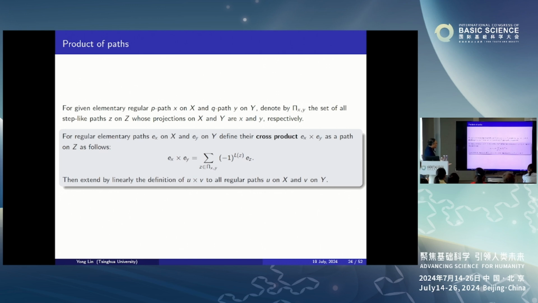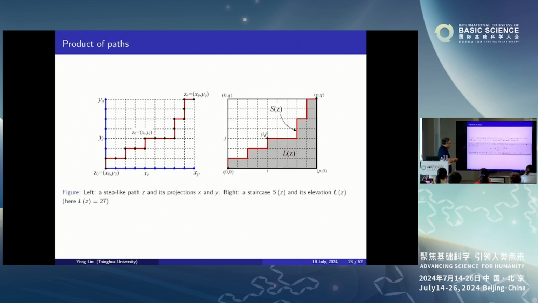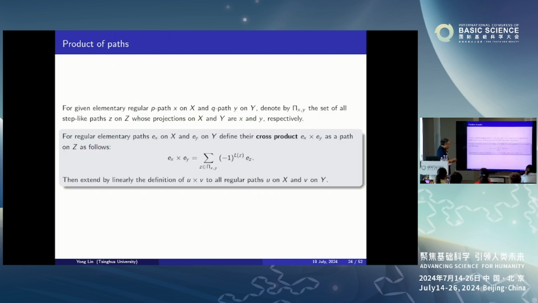Then for given two paths, a path e_S and a path e_Y, what is the cross product of e_S and e_Y? It is equal to the right-hand side. It's not just one path. It is the sum over all such paths z, with a sign, and the sign depends on the elevation number L_z.